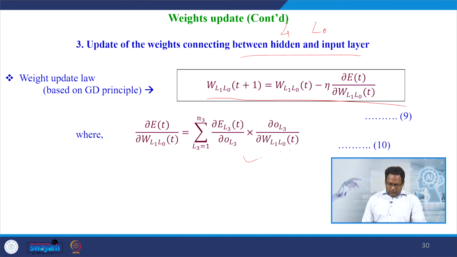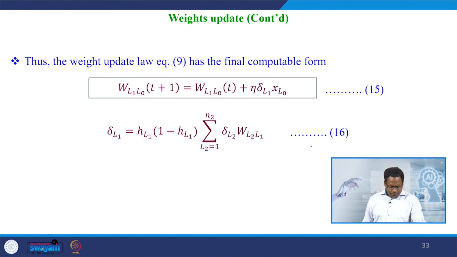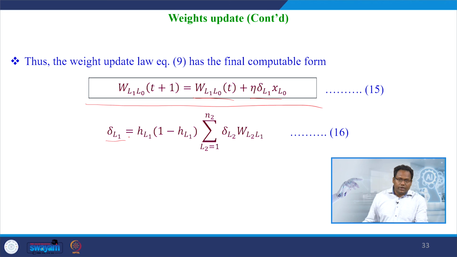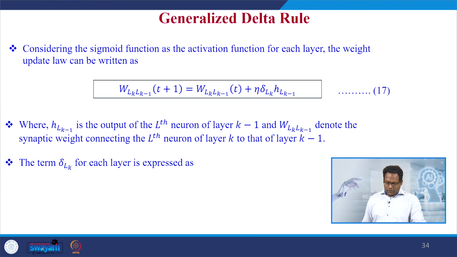In the same way, when we continue this, we end up with the weight update rule for this weight vector connecting L1 and L0, which becomes WL1L0 of t plus 1 equal to WL1L0 of t plus eta delta L1 x L0, where delta L1 is given in terms of delta L2 as HL1 into (1 minus HL1) multiplied by the summation over L2 equal to 1 to N2 of delta L2 WL2L1, which is equation 16.